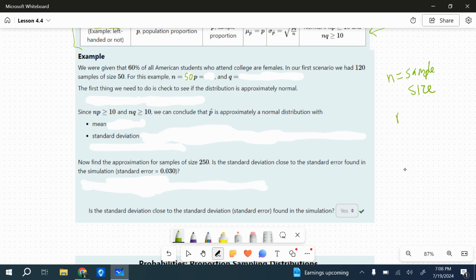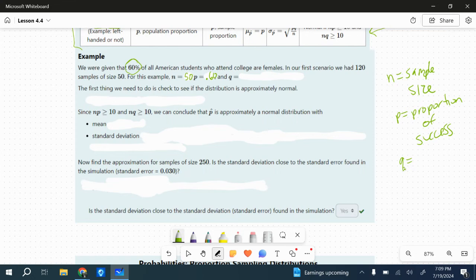P equals the proportion of success. That means it's basically the proportion that they give you. My proportion, remember a proportion is kind of like a percentage, is 60%. So p would be 0.60.